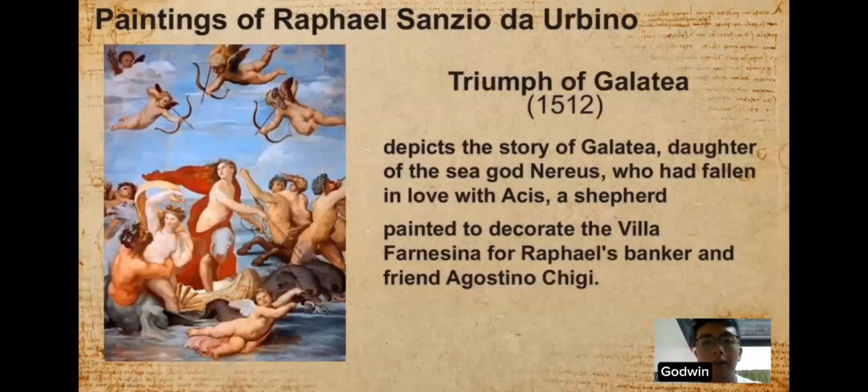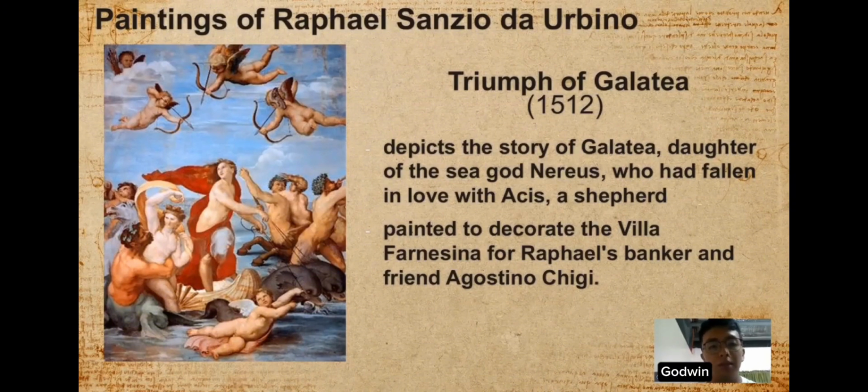And then the Triumph of Galatea, also created by Raphael in 1512, depicts the story of Galatea, the daughter of the sea god Nereus, who fell in love with Acis, a shepherd. This was painted to decorate the Villa Farnesina for Raphael's banker and friend, Agostino Chigi.